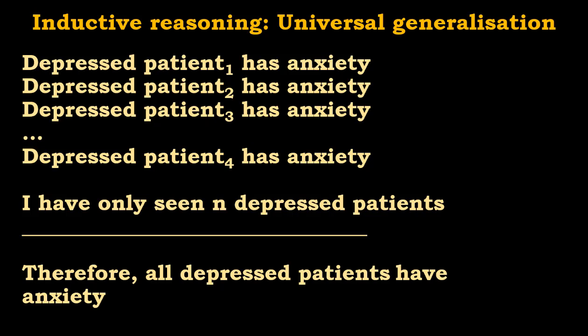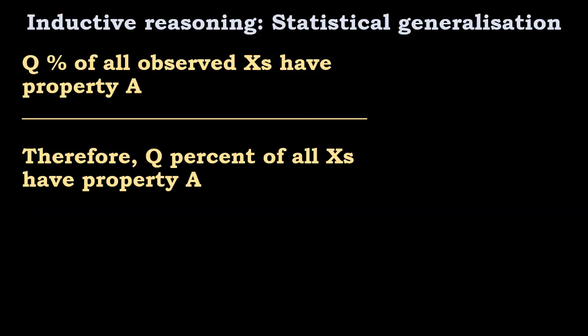Let's move to the last of the types of inductive reasoning. Statistical generalization. Q% of all observed x's have property A. Conclusion: Q% of all x's have property A. So this is different from the previous one. I don't need to observe that all the instances of something have a property.